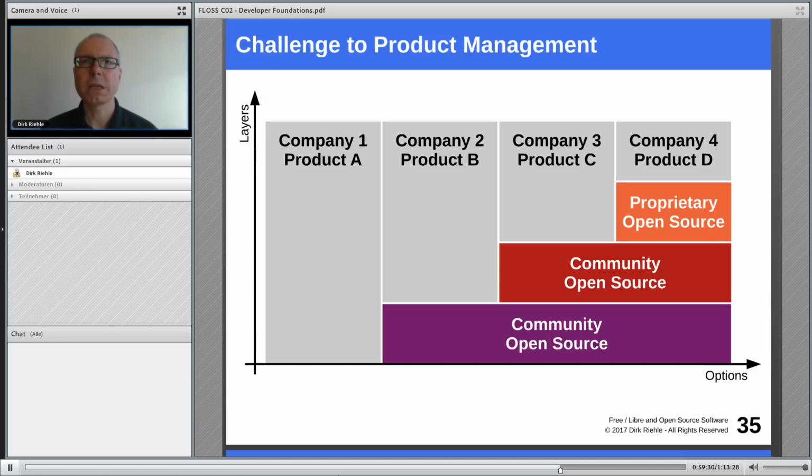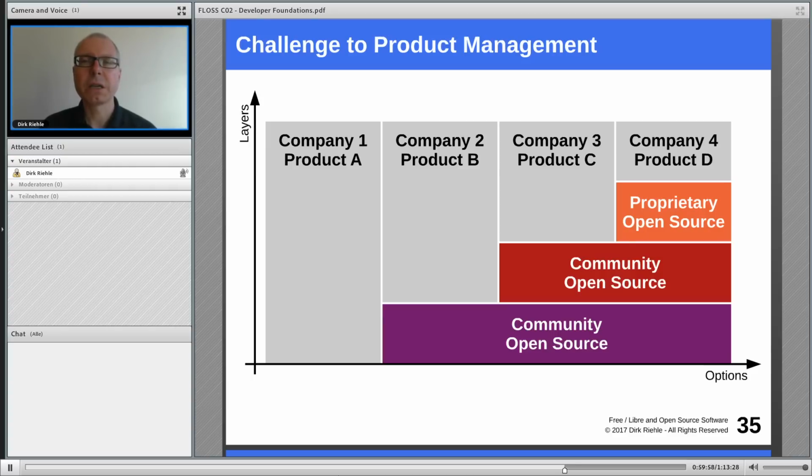So you can see this in stages here. Company one is not part of the ecosystem, so they don't benefit from community open source. In order to provide the whole product, they have to do more than company 2, 3, or 4. Now, company 3 bases its product on a larger part of, or maybe 2 sensible community open source projects, while company 2 only uses 1.